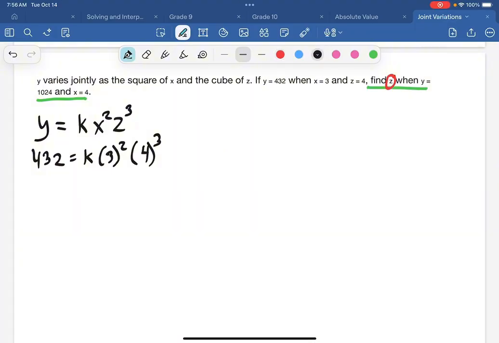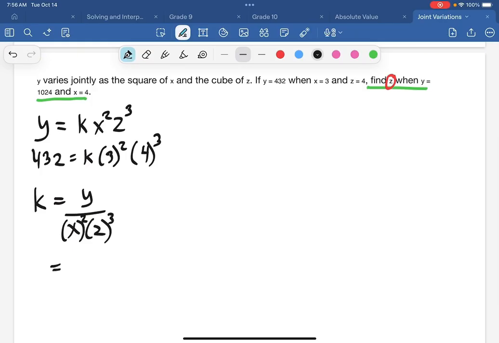So you have here 4. Let's just use the short formula for k. So k equals y over x times z. I remember that our x here has a square and z has a cube.